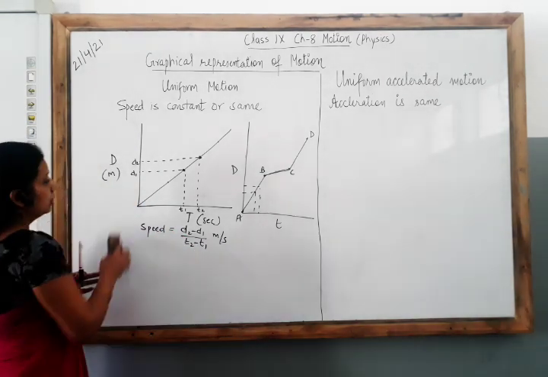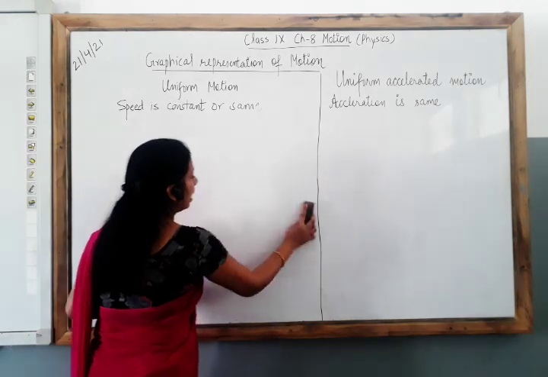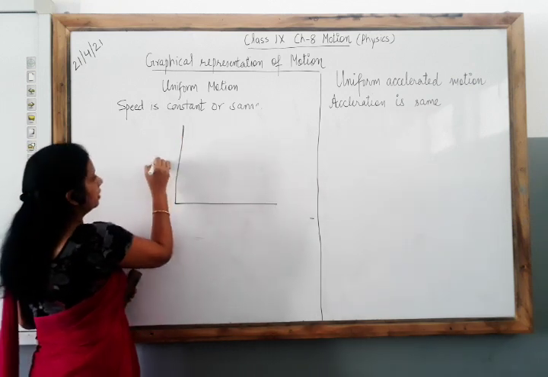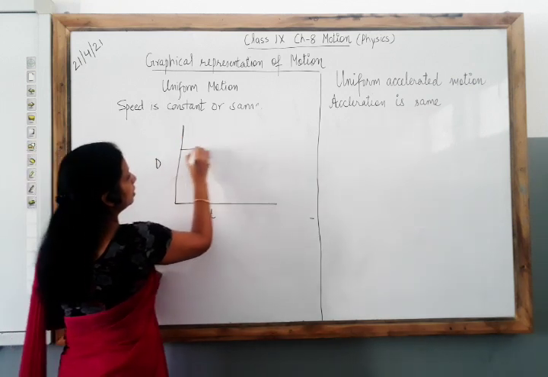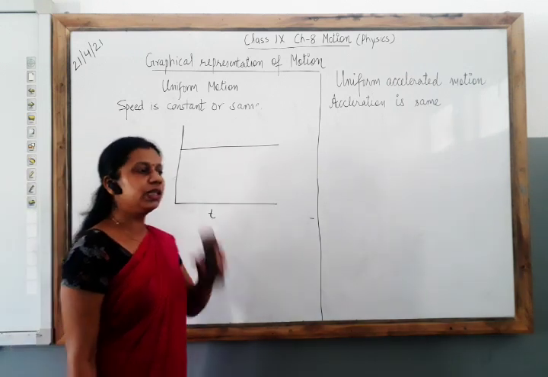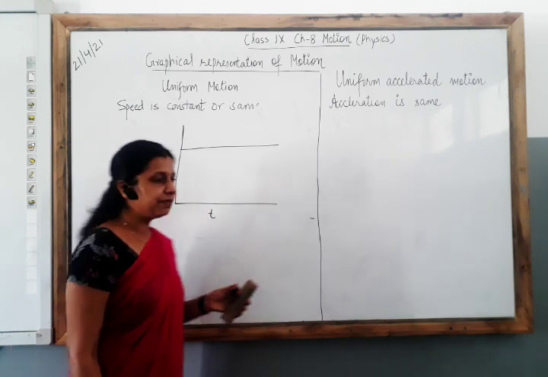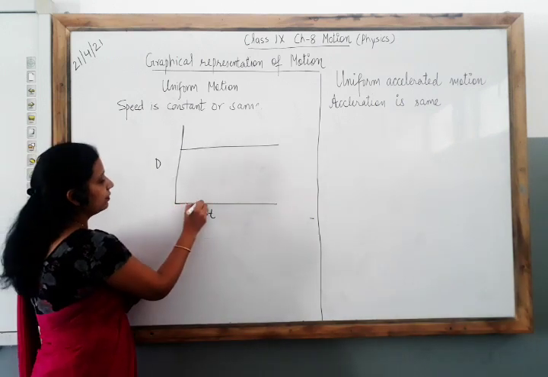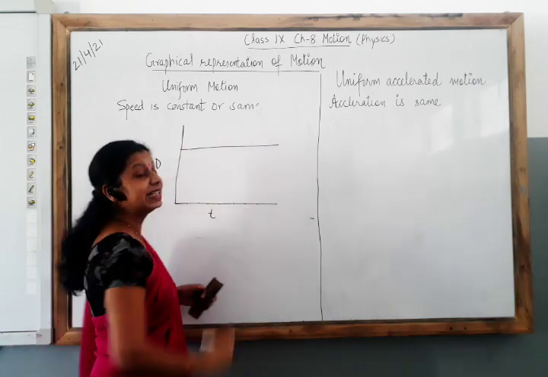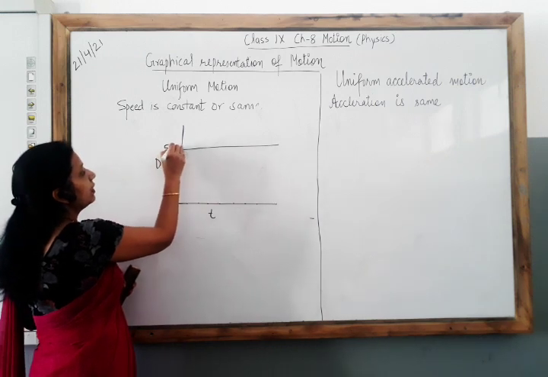Now let's see, if you have a graph like this, D, T, a line parallel to the x-axis. What is the meaning of this graph? If you try to read this graph, you can see that at each and every time the distance is not changing. It is the same. Let's say this point is 5 meter.